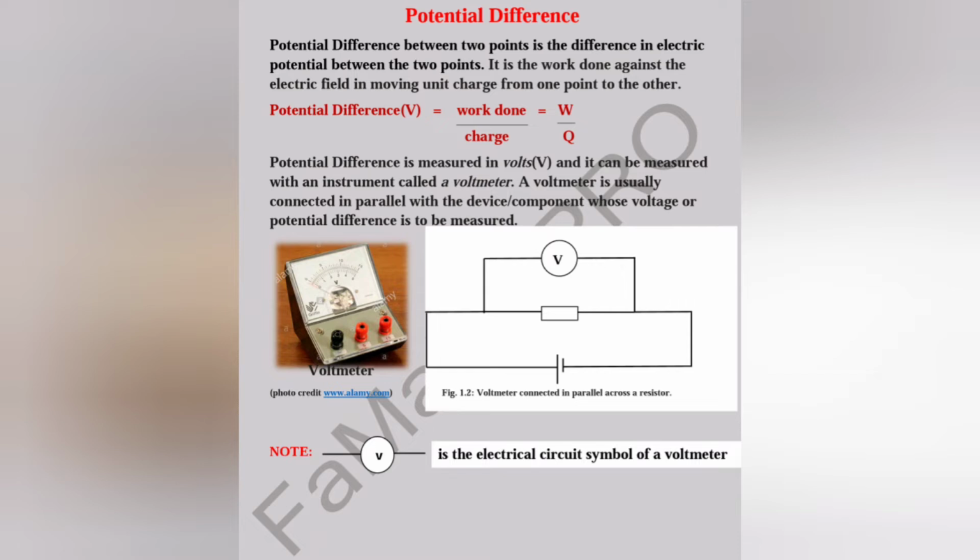Components connected in parallel with one another have different current flowing through them. So if you look at the picture right now, the current flowing through the voltmeter is different from the current flowing through the resistor, although the voltmeter measures the potential difference between the two ends of the resistor.